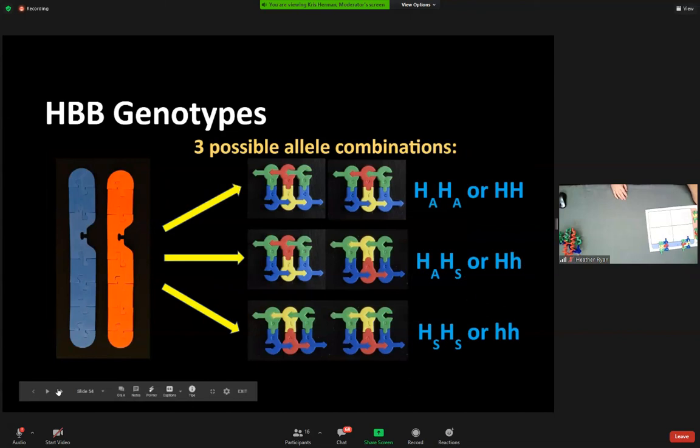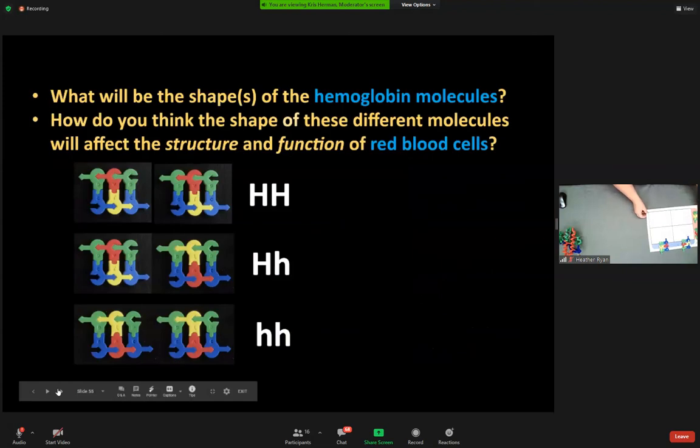The next slide connects that with genotypes and shorthand like big H, big H, or little h, little h. And the next slide asks kids to think about, knowing this about protein folding and the stickiness or not, how might that affect cells? So, next slide.